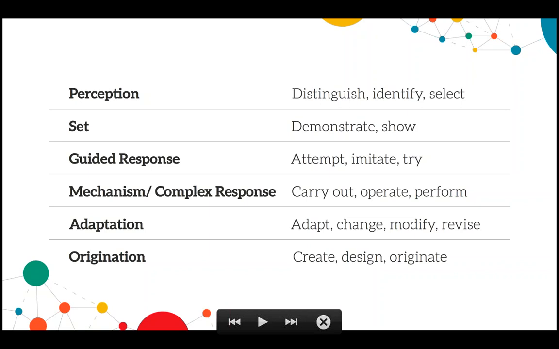And then we hand out cards that only the quote unquote patient knows, and they have some type of ailment and they say something. That's how you get that student from just the mechanism to the complex response, more to the adaptation or origination. It's not always the same, because you're never going to have the same exact procedure happening for every single person. People are different, customers are different, patients are different. So it's having that ability to adapt or change or originate something based on a certain special circumstance.